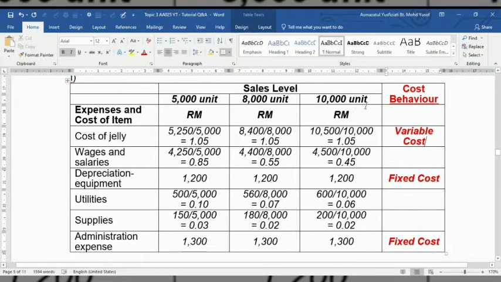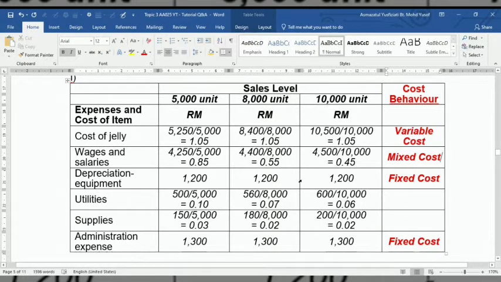And at 10,000 unit, the cost per unit is 45 cents. Okay, what is the characteristic here? Okay, the total cost is not same and the cost per unit also not same for each level. So, this is mixed cost.